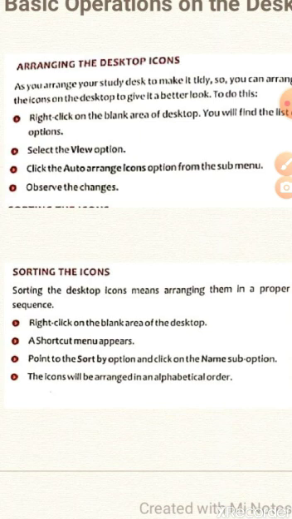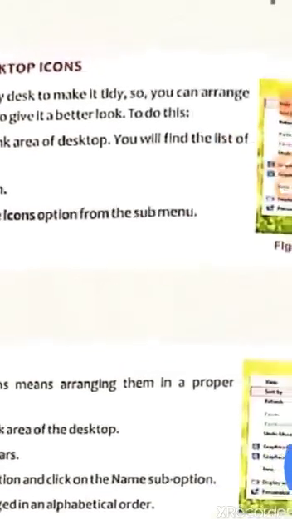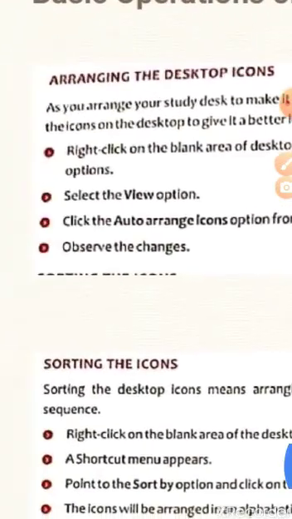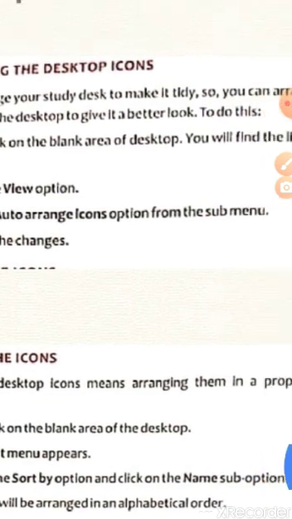The same way, when we keep many things on the desktop, it is very difficult to find our programs, anything that you want to work on. So for this, you need to keep the icons on the desktop neatly arranged. As you arrange your study desk, you can arrange the icons on the desktop to give a better look. It looks very neat and clean.